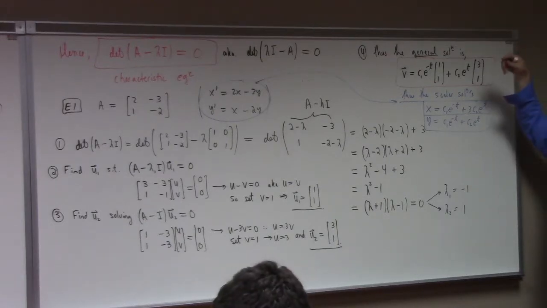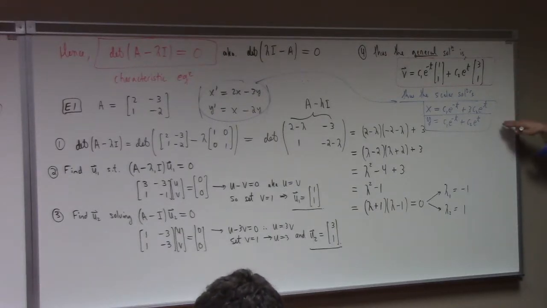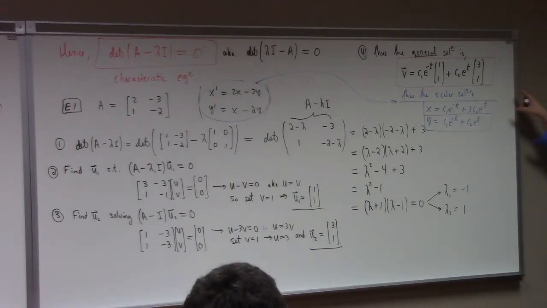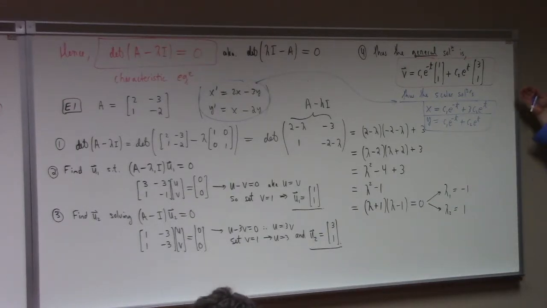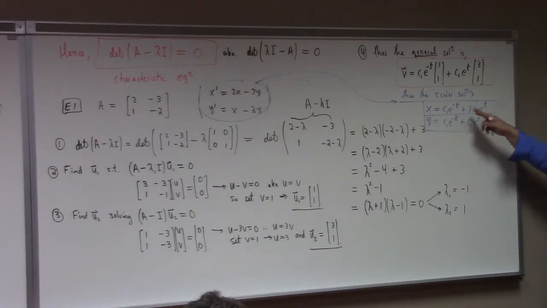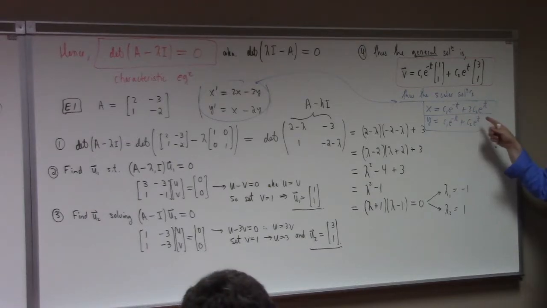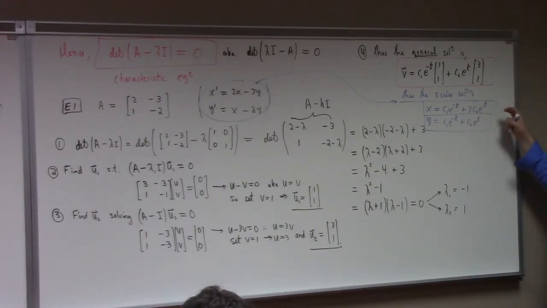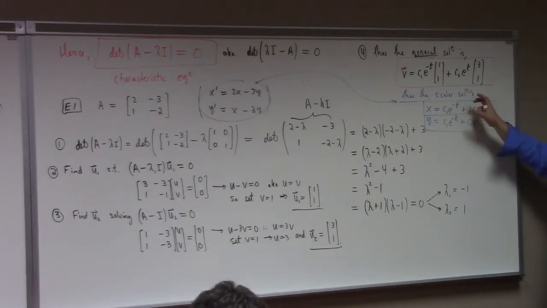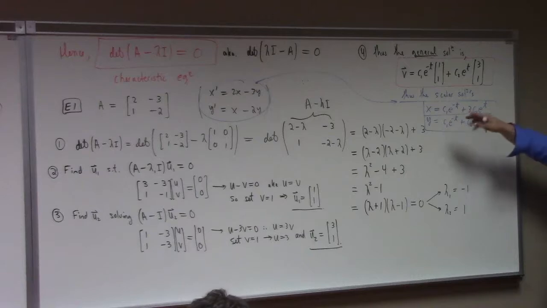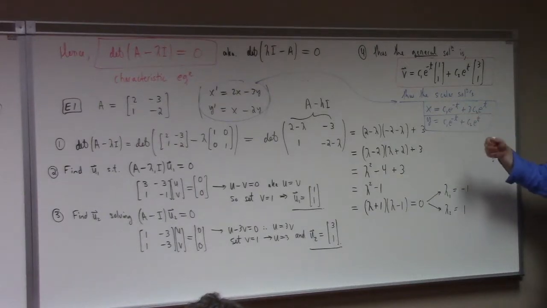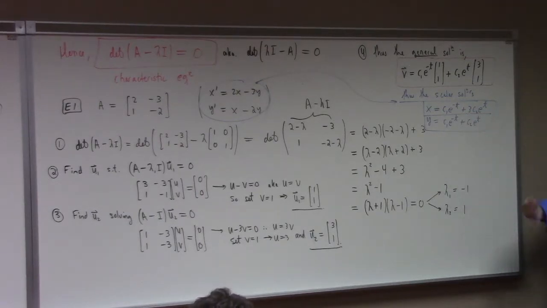The interesting thing about the system: do the x solution and the y solution exist on their lonesome? No. Look at how the c1 and the c2 appear in both the x and the y solutions. In other words, these solutions are sort of intertwined, a technical term. And this method of finding eigenvectors somehow untwists them and lets us solve it.